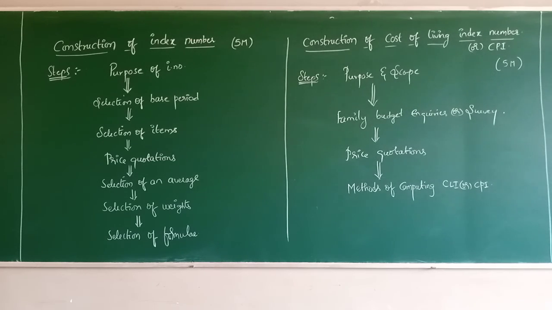So there is a likelihood of error being introduced at every stage while constructing an index number, because we deal with numbers, remember. Third, while constructing index numbers, the quality of the product is not taken into consideration. Quantity we considered in every method, but have you considered quality anywhere? No. That is one of the demerits, right?